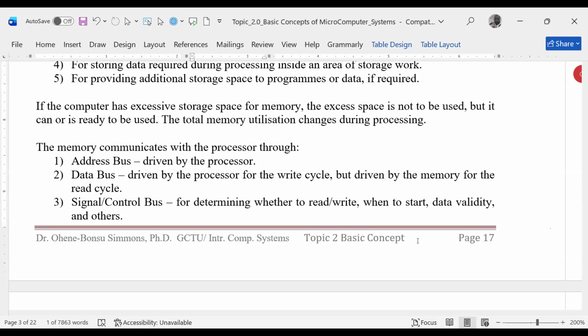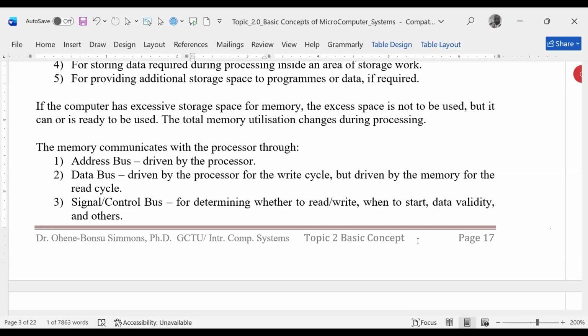Then data bus, driven by the processor for the write cycle, but memory takes the read cycle. So this is not one way. Memory and then the processor use this bus. Memory uses it to read, and then the processor uses it to write. Data bus is what the processor uses to write something, and memory uses to read something, signal, data, instructions, or whatever.